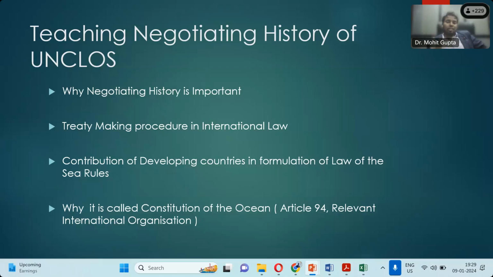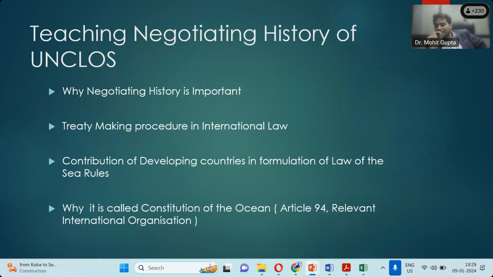So that's why students should be made aware why they're studying negotiating history, because they may think that they are more concerned about what is the content of a treaty rather than the circumstances in which that treaty was negotiated. Again, when it comes to the Law of the Sea Convention, I personally believe that it is one of the best examples of teaching a student how to negotiate a treaty, how difficult a treaty negotiation process is.